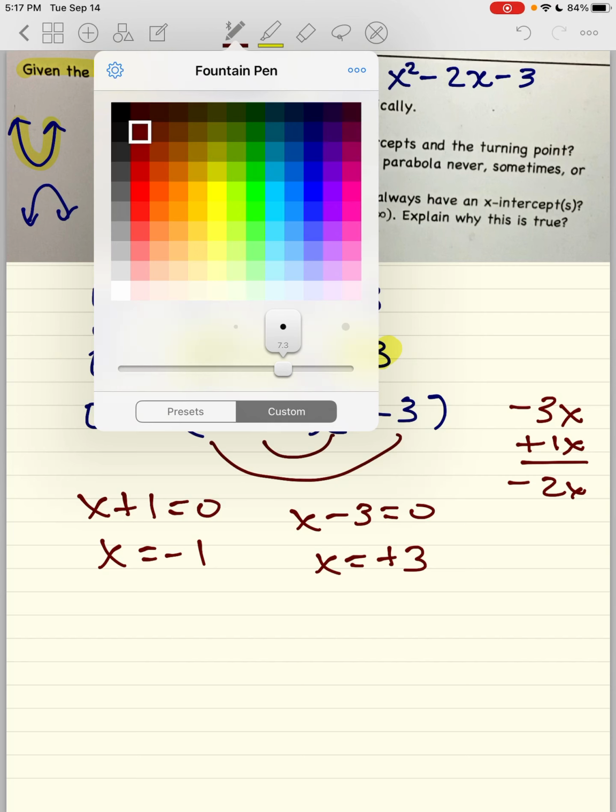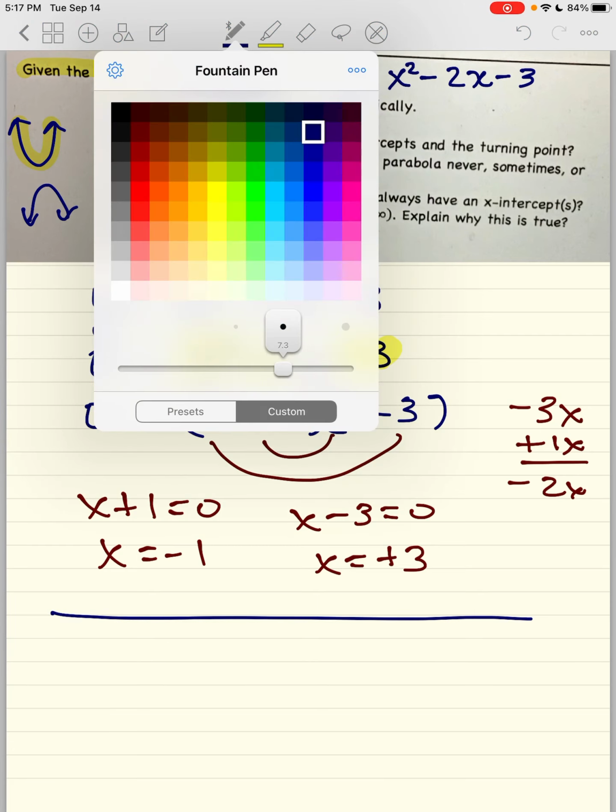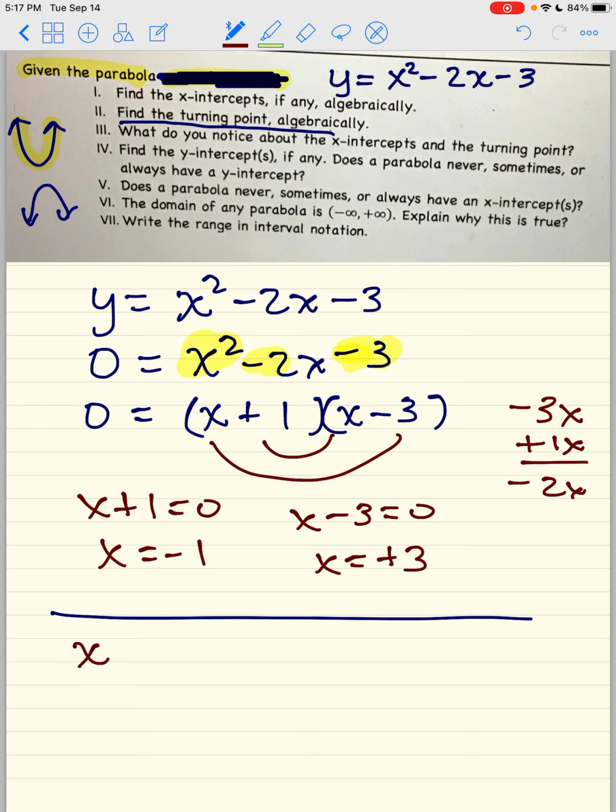What about the next part of this? It says find the turning point algebraically. Well, in order to find the turning point of a parabola, you can use the equation x equals negative b over 2a. Remind yourself that a is the number in front of the x squared, so in this case it's 1. b is the number in front of the x, so that's negative 2, and c is the number after the x, that's negative 3.